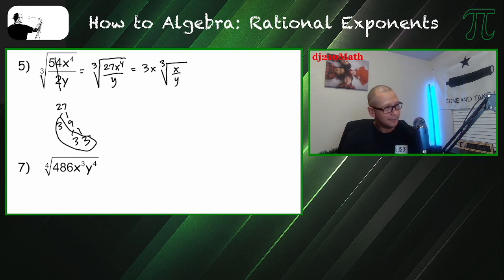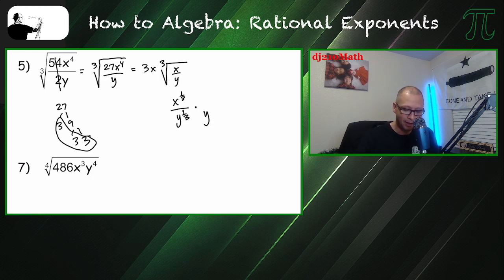Okay, so we're almost done. We have to rationalize the denominator, meaning I don't want any radicals in the denominator. So this will be x to the 1/3 over y to the 1/3. And I'm going to multiply this by y to the 2/3. Again, you multiply common bases, you add the exponents. So 2/3 is what we need, top and bottom.